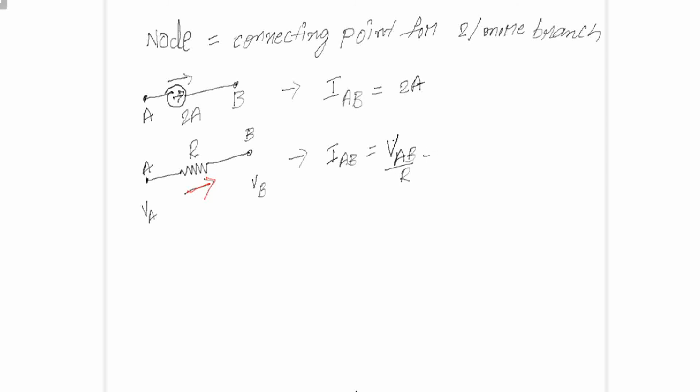But what is VAB? VAB is nothing but a voltage. Voltage is nothing but potential difference. So here you are having two potentials, VA potential and VB potential. And whether I need to take VA minus VB or VB minus VA?